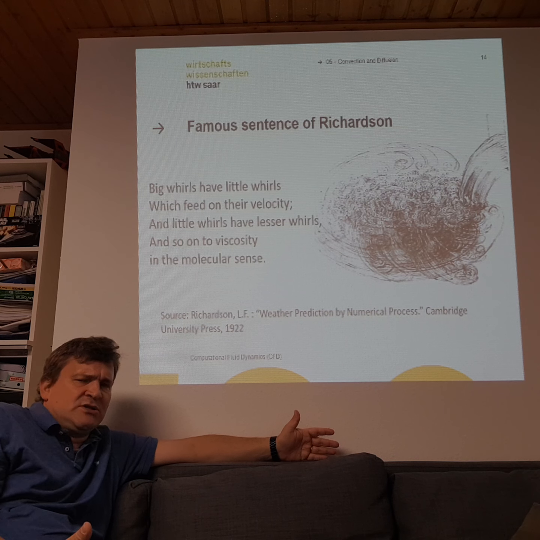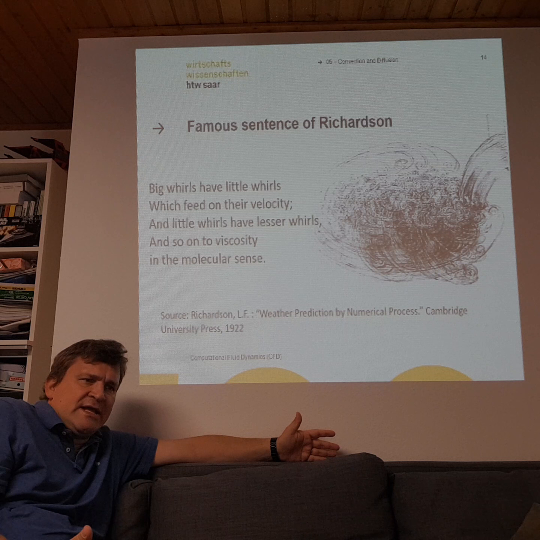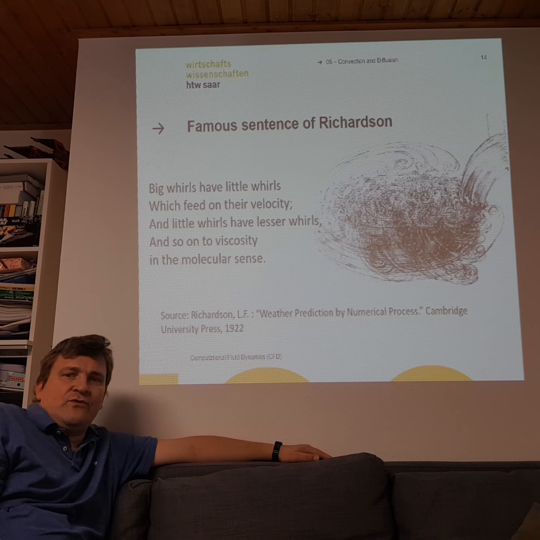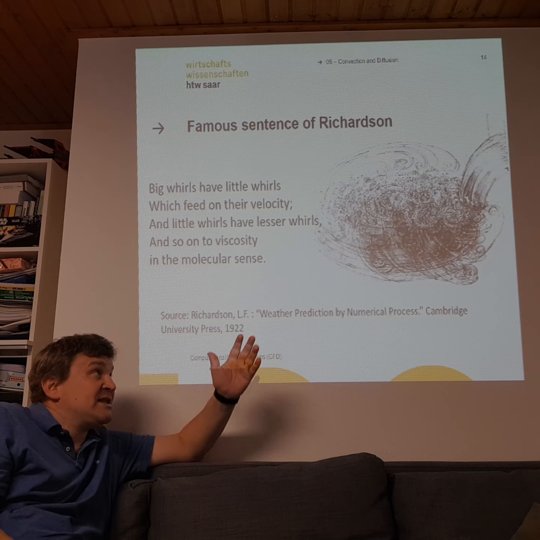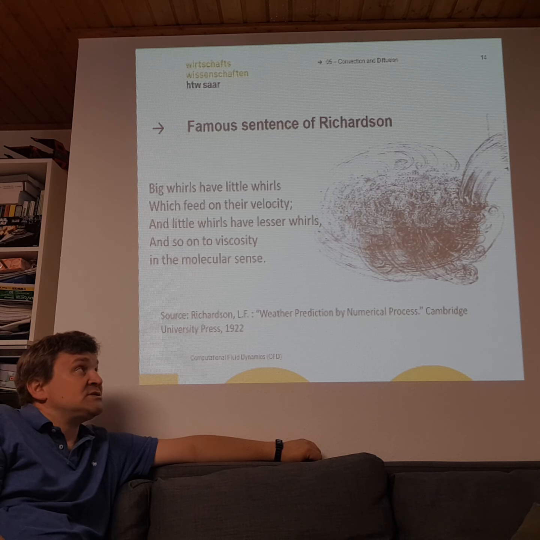Of course, with this model you cannot predict any stall effect on an airplane wing, but more or less you can describe the amount of energy that is in these swirls.